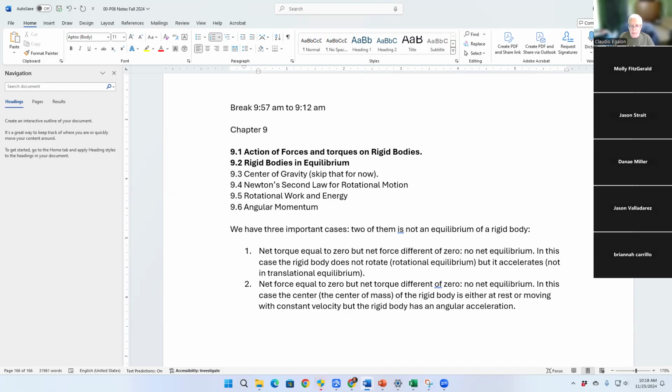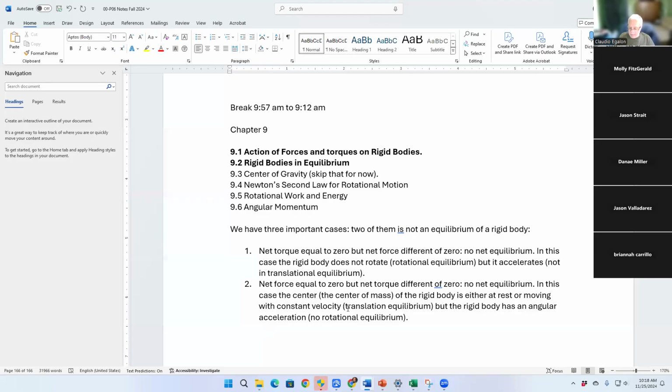So translational equilibrium, yes. Rotational equilibrium, no.